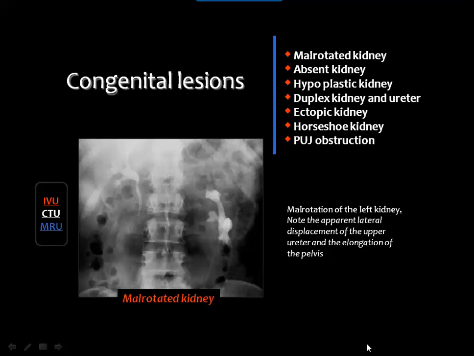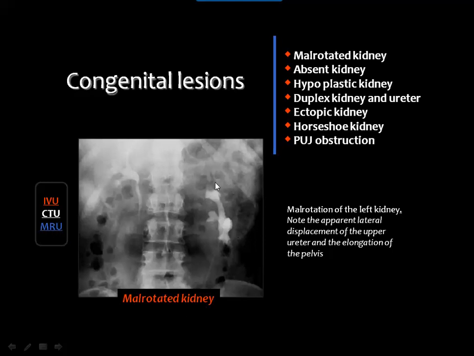As I have mentioned before, IVU is one of the preferred techniques for evaluation of congenital anomalies. And you may also have this by CT urography or by MR urography.